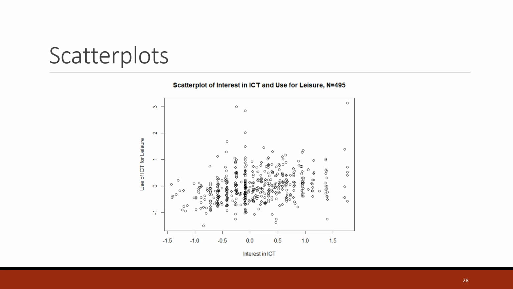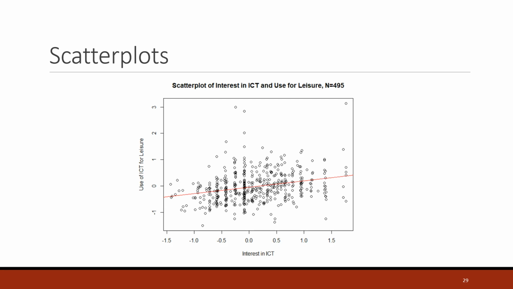We can sort of see an upward slope as we move from left to right. There seems to be a bit of a positive relationship here, so that in general, there seems to be a tendency that as interest in ICT increases, so does the use of ICT for leisure, which seems to make sense. And if we add in the regression line here, we can see that there is indeed a positive upward slope.